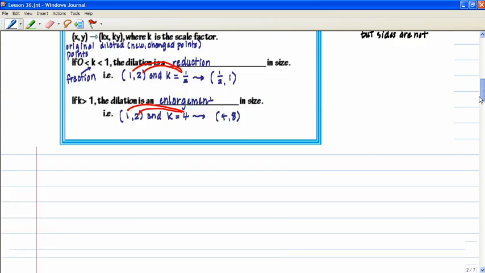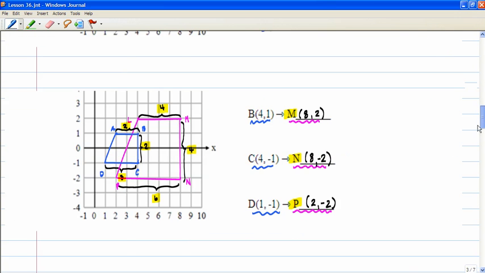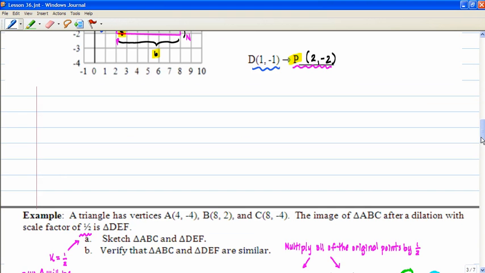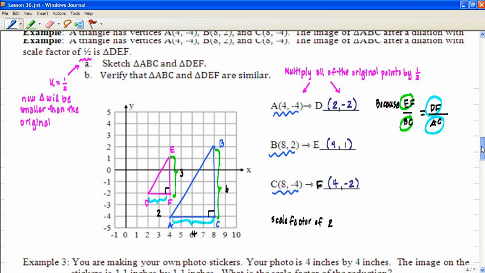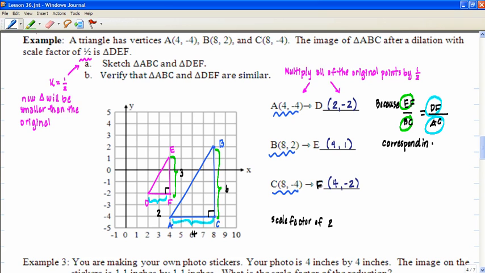That means it's proportional. Corresponding sides are proportional.